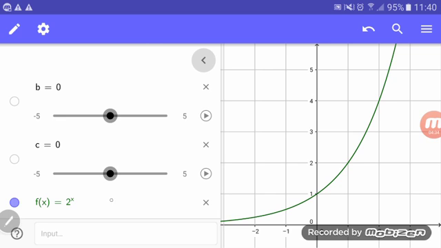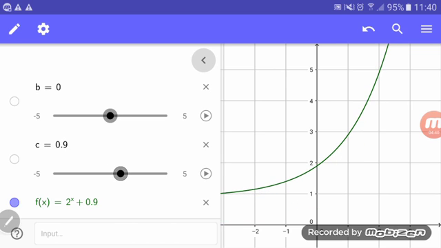So here, if I just add the c value on, here I've added 1, and you'll notice that on the y-axis, where it goes through 1 on a basic exponential graph, it has now gone up to 2, because 1 plus 1 is 2. And here our equation is 2 to the power of x plus 1. So the patterns with how things move are very similar to a parabola.